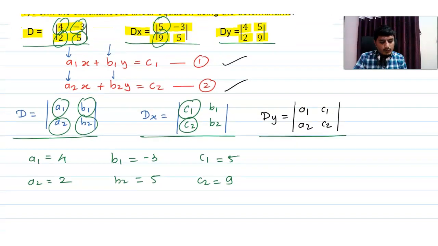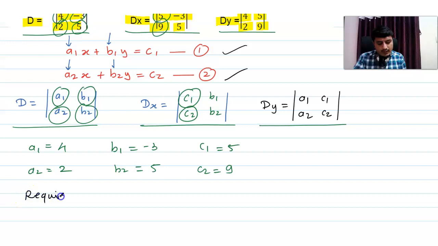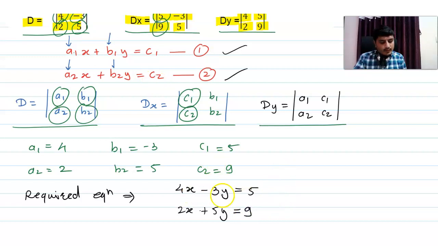Now we can write the required simultaneous equations in two variables. From equations 1 and 2, with a1 = 4, b1 = -3, c1 = 5, a2 = 2, b2 = 5, c2 = 9, we get 4x - 3y = 5 and 2x + 5y = 9.